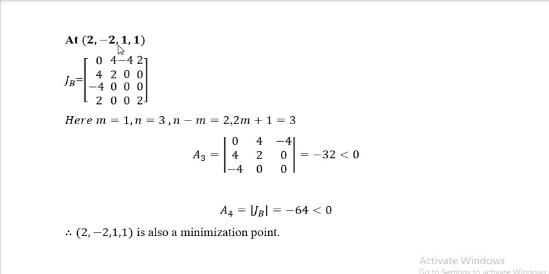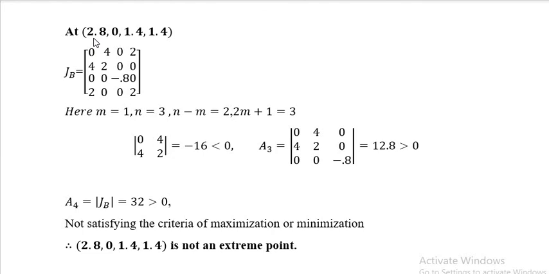At the second point 2, minus 2, 1, 1, calculate the Hessian matrix JB and find the last two principal minors A3 and A4. Both are negative. So this point is also a minimization point.